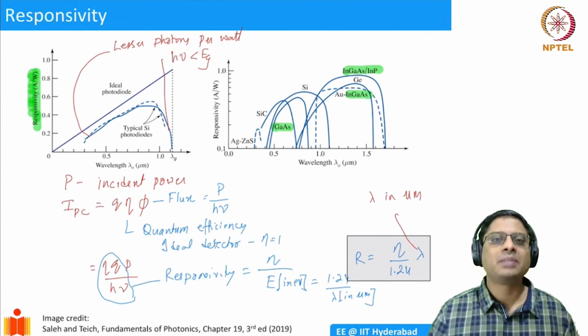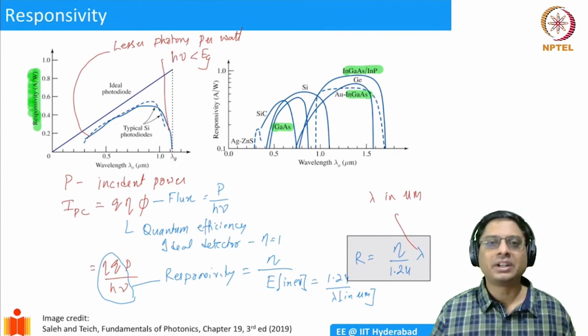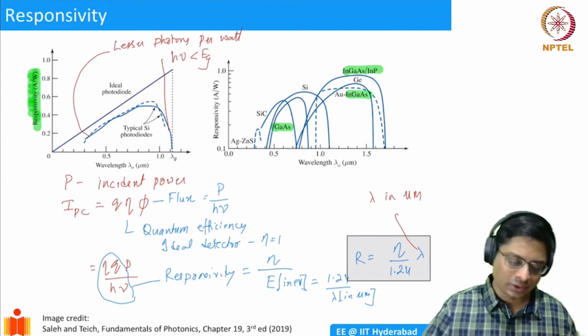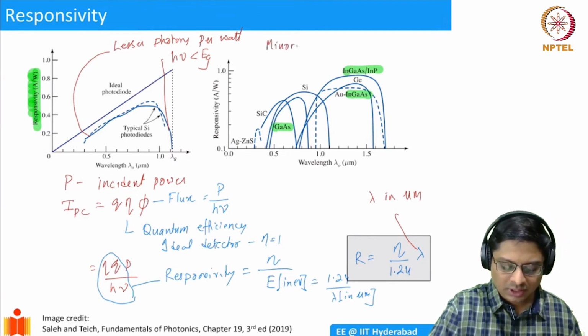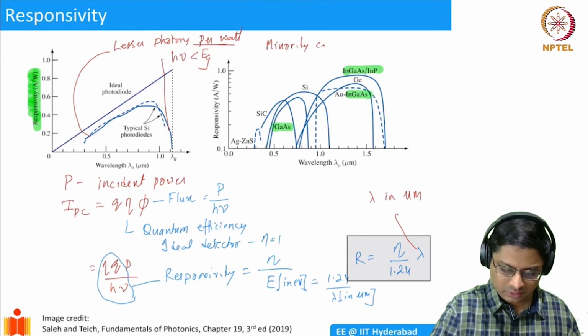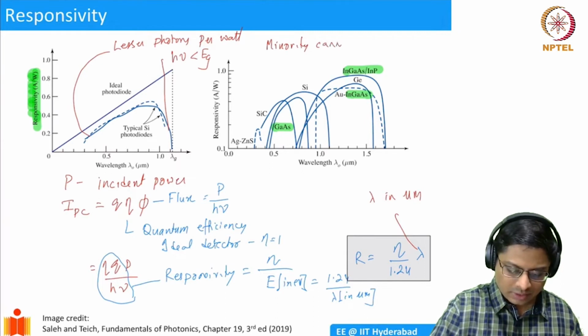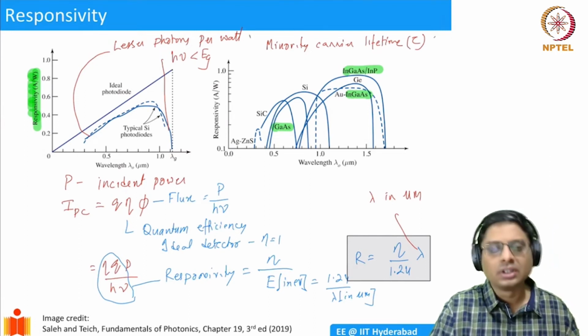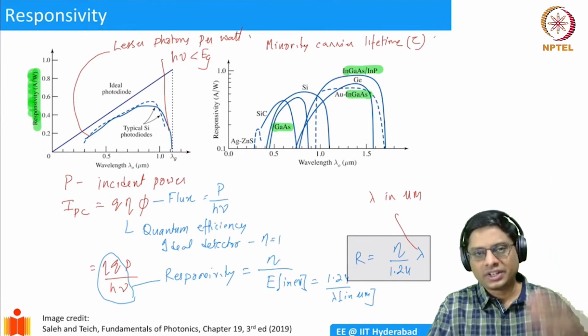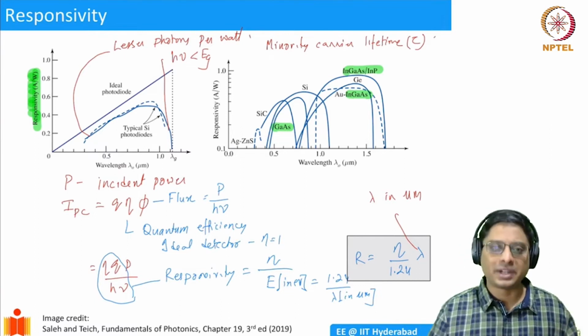And one of the key parameters that influences that is the minority carrier lifetime. We have already seen that, tau p or tau n, minority carrier lifetime plays a crucial role for the photo detection process. Well, you're generating electron hole pairs and you don't want them to recombine.